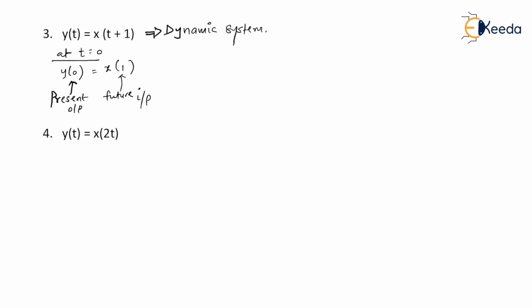You can just take one more example here. Let's say at t equal to minus 1, then it becomes y of minus 1, which is equal to x of minus 1 plus 1. Or I can say y of minus 1 is equal to x of 0. So what is meant by y of minus 1? Y of minus 1 means y of t at t equal to minus 1.